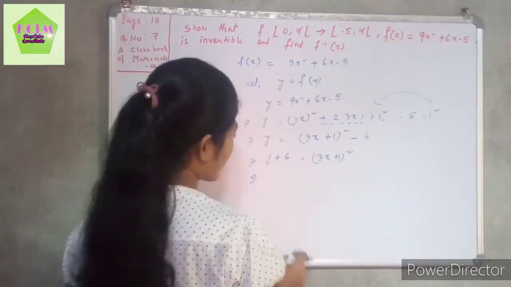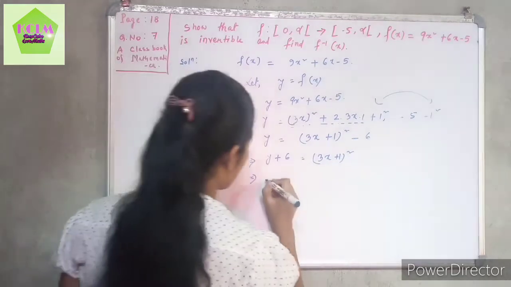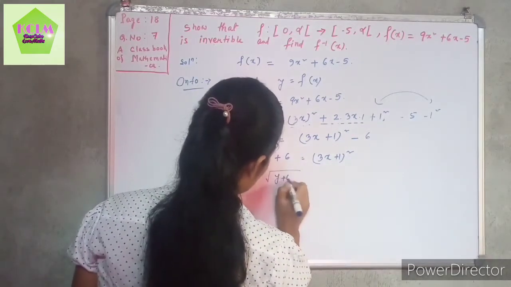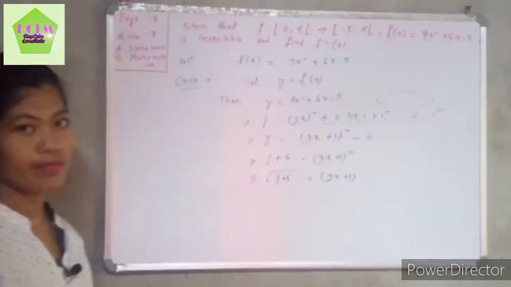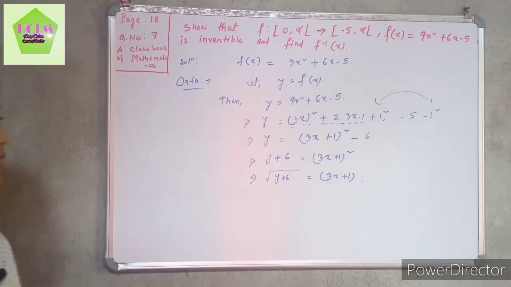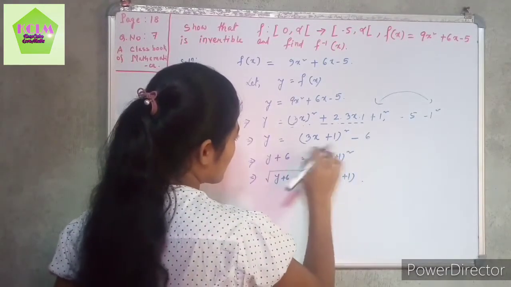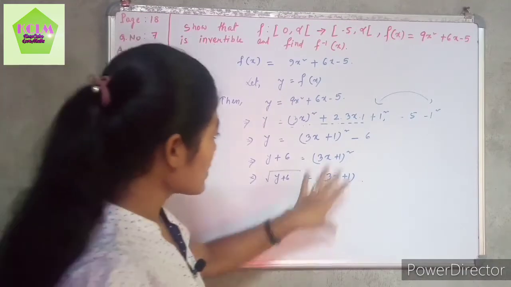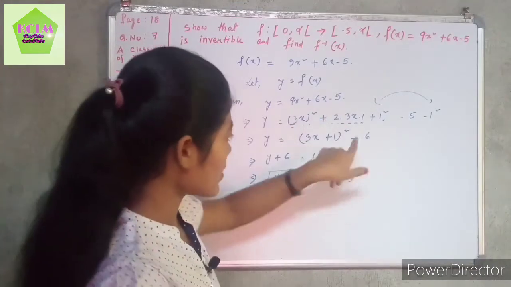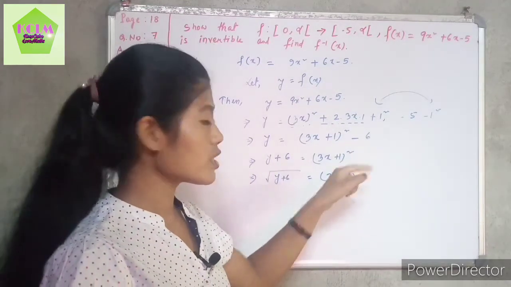Again, if we take under root on both sides, then we will get, because if we take under root of this expression, then under root and 2 cancel out, because under root means nothing but this expression to the power 1 by 2. So 2 into 1 by 2 cancels out.